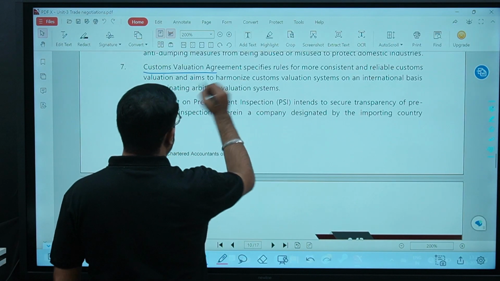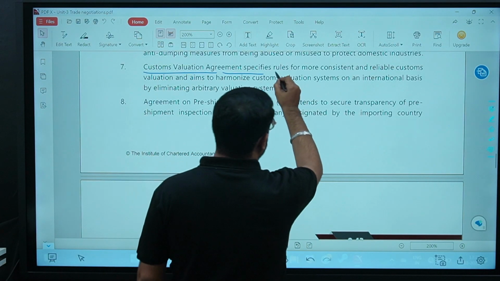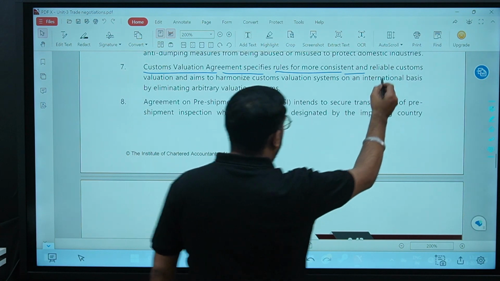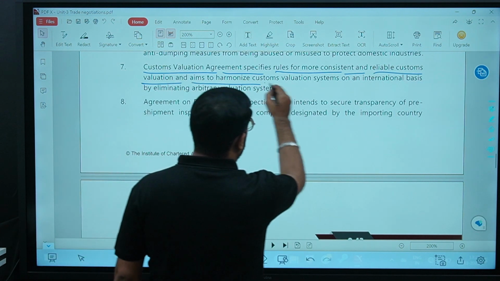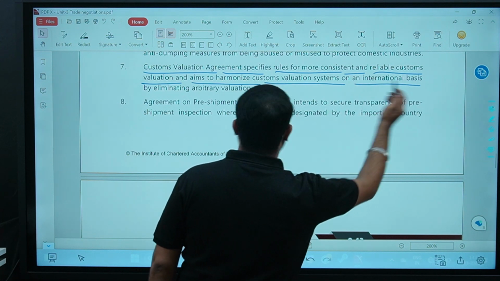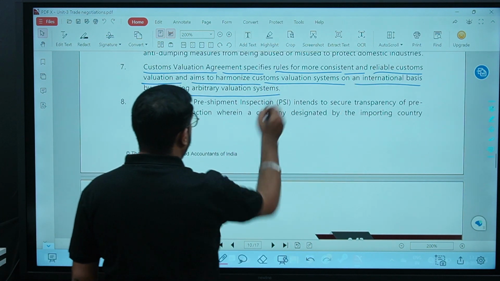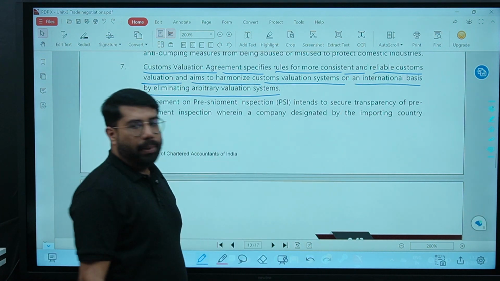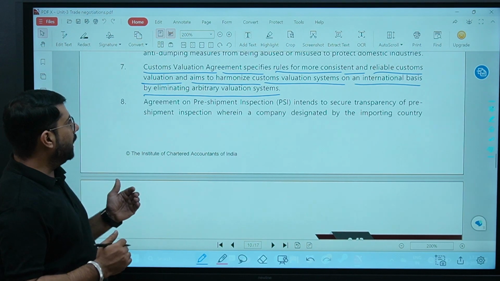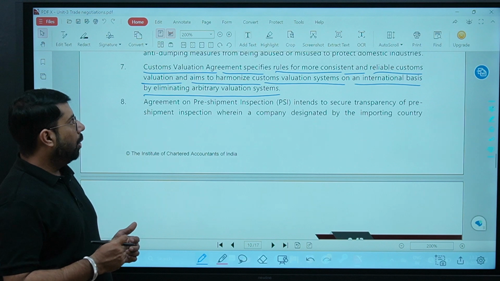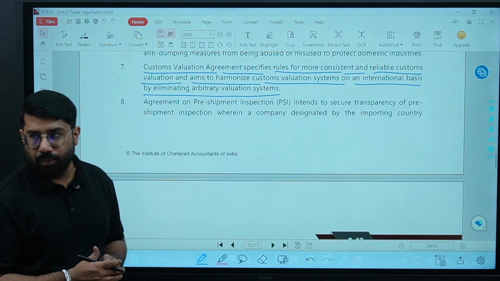Seventh is the customs valuation agreement. It specifies rules for more consistent and reliable customs valuation and aims to harmonize customs valuation systems on an international basis by eliminating arbitrary valuation systems. The arbitrary valuation system should be stopped, and we should replace it with the customs valuation system.